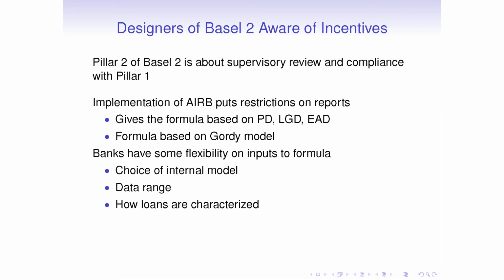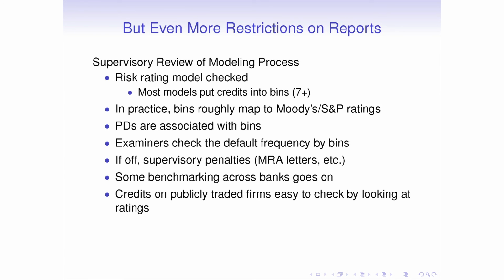Where banks have some flexibility is on inputs to the formula. So there's the choice of their own internal model and the data range, so you have to estimate these model and data ranges. We'll get back to that in a second. Sometimes you also have some flexibility in how loans are characterized, like what class of loans they go to. But there are even more restrictions on reports.